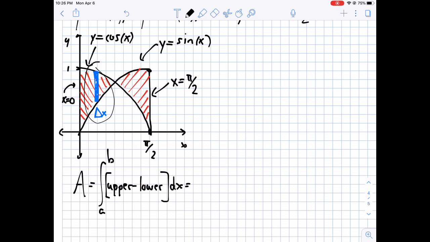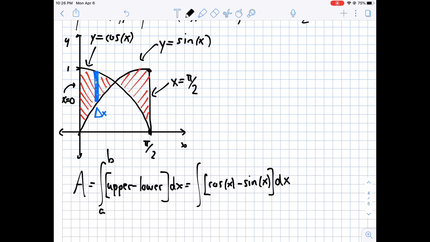Well, on the rectangle that I've drawn here, it's pretty clear the upper function is cos and the lower function is sine. So that's going to be fine. I have here cos of x minus sine of x. Upper minus lower. And my limits of integration are going to be what?